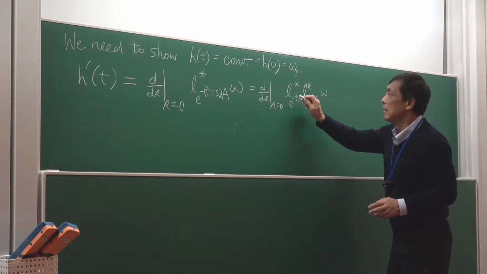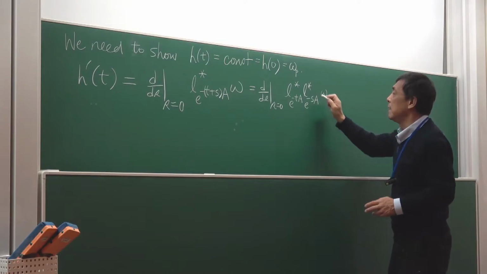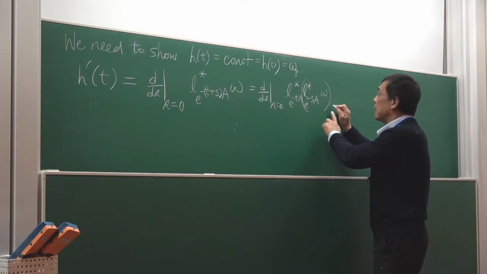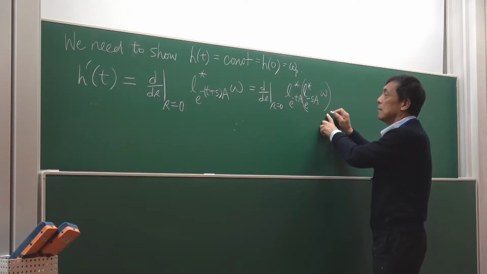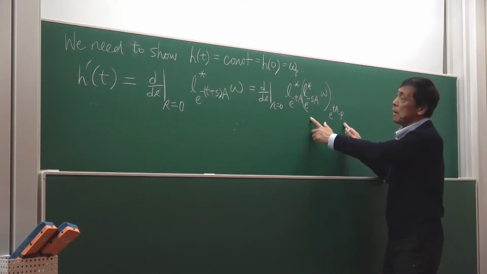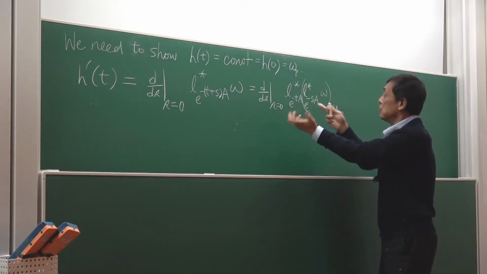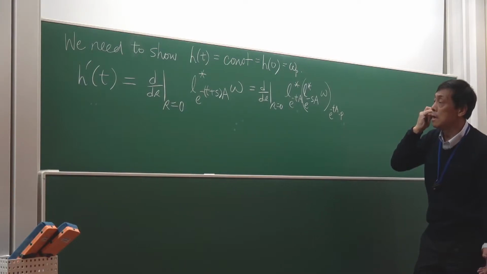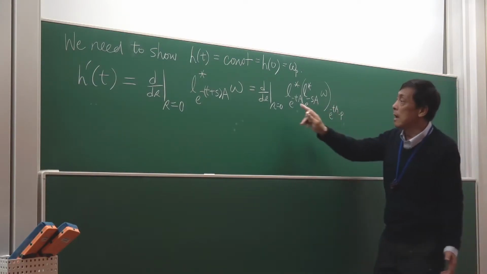Now, it's the whole thing at p, so if I pull this back, it would have to be at e to the minus t a dot p.